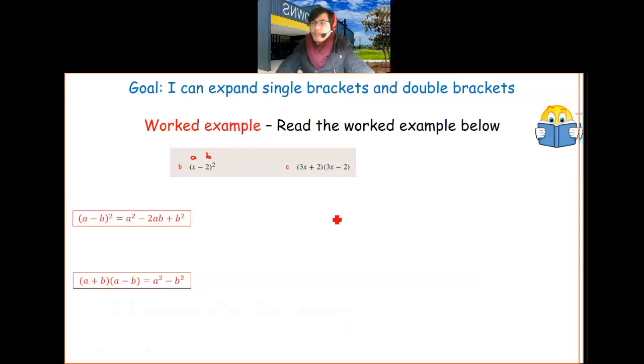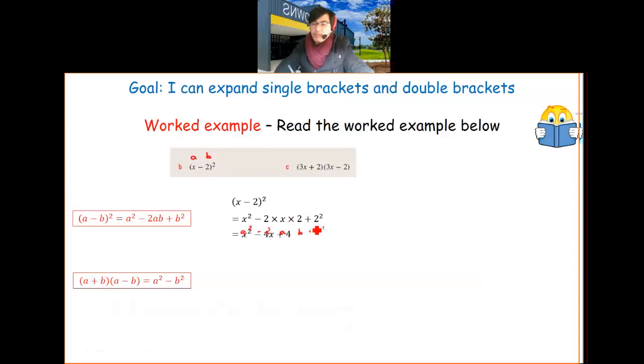So to apply the rule here, instead of the a, I write x squared minus 2 times x times 2, then plus b squared. So I hope you can see that.